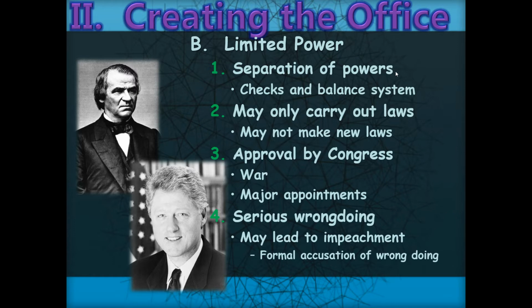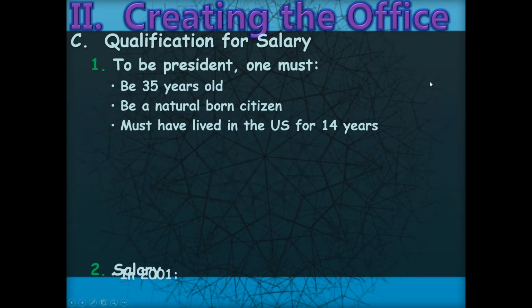President gets to make appointments to the Supreme Court, however, also needs Senate confirmation of those appointments. And then waging war, in order to actually declare war, that also takes an act of Congress. And then serious wrongdoing for impeachment, if the president does something that's considered a high crime or misdemeanor, the House can impeach the president, and the Senate then has a trial on whether or not to remove the president from office.